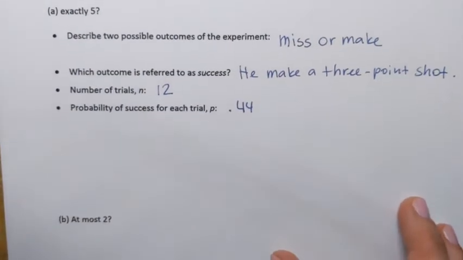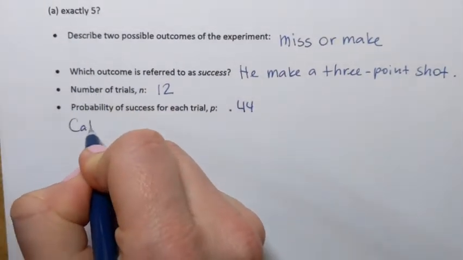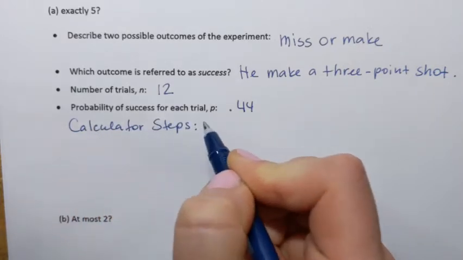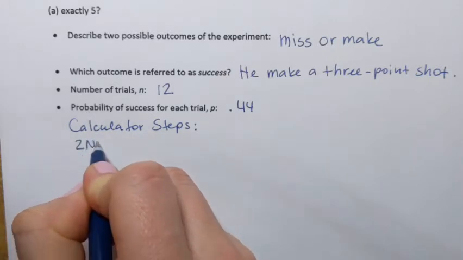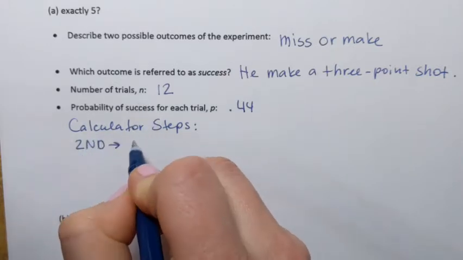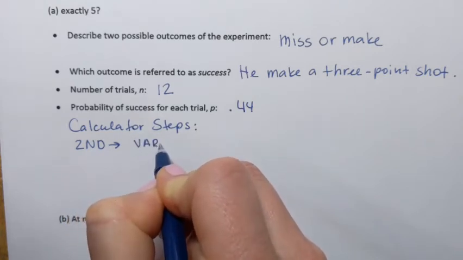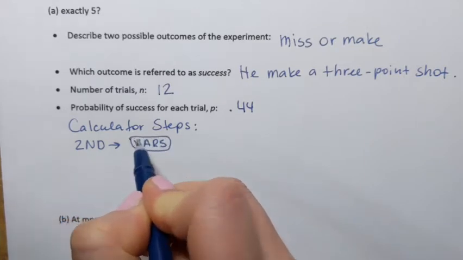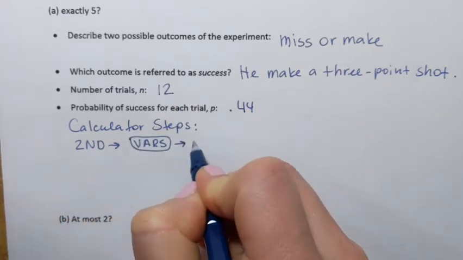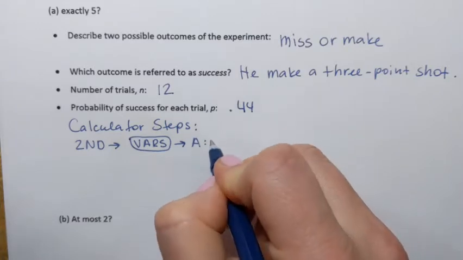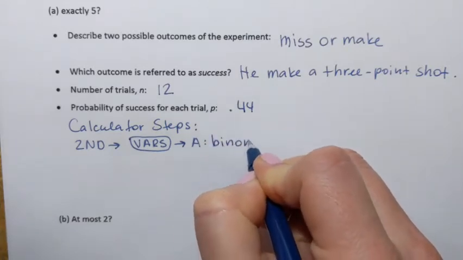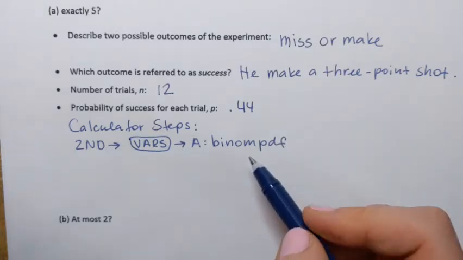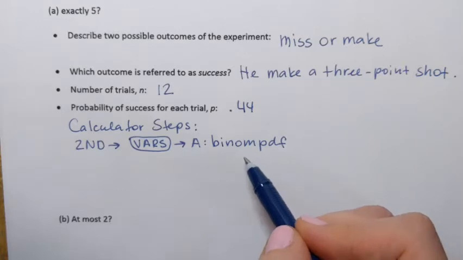So calculator steps: second, then you press on vars, or the button that says vars, and then scroll down to line A, Binompdf. Well, and B is Binomcdf, but actually for the first question, we'll need Binompdf.